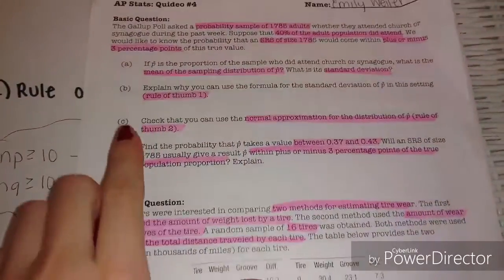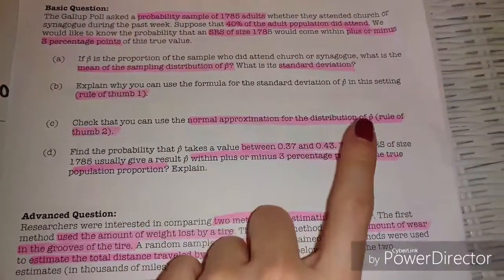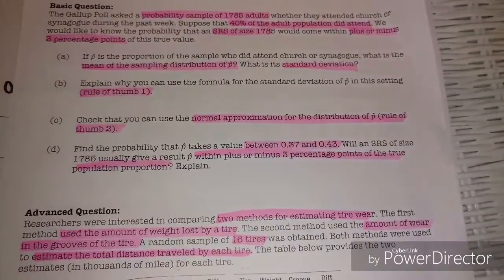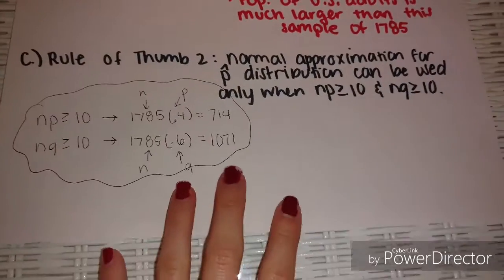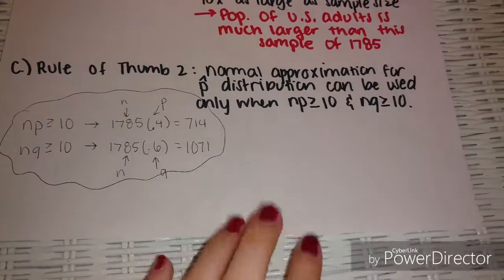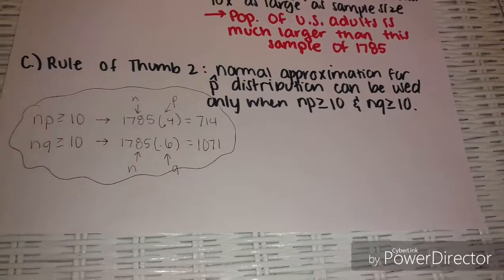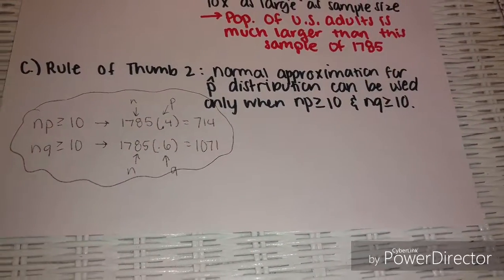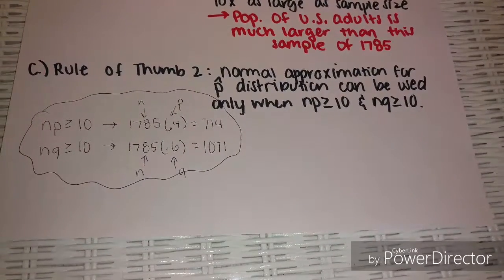Going on to part C, we're supposed to check that we can use the normal approximation for the distribution of p hat based off of what rule of thumb 2 states. So rule of thumb 2 states that the normal approximation for the p hat distribution can be used only when np is greater than or equal to 10 and nq is greater than or equal to 10.